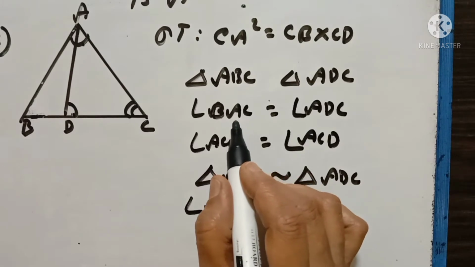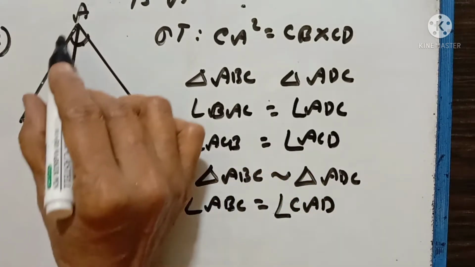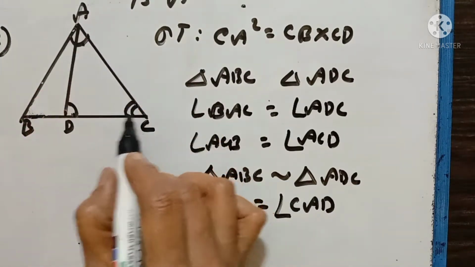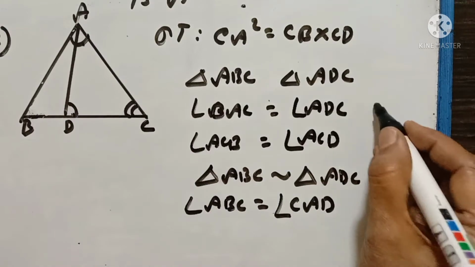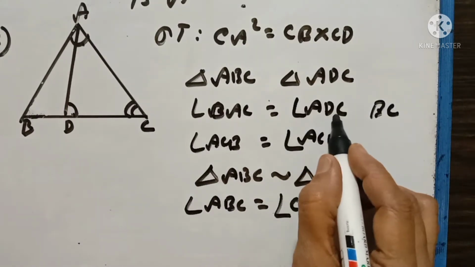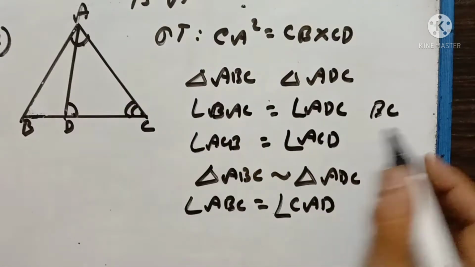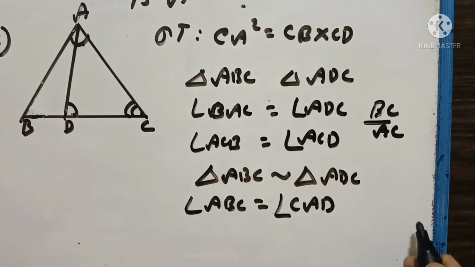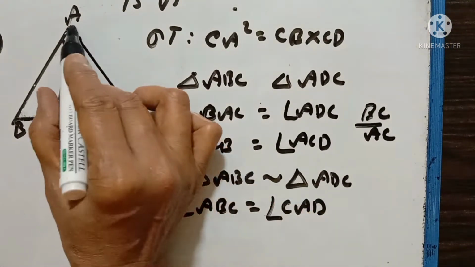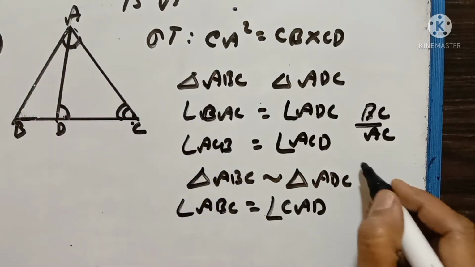What is the side opposite angle BAC? In triangle ABC, the side opposite angle BAC is BC. The side opposite angle ADC is AC. The side opposite angle ACB in triangle ABC is AB.